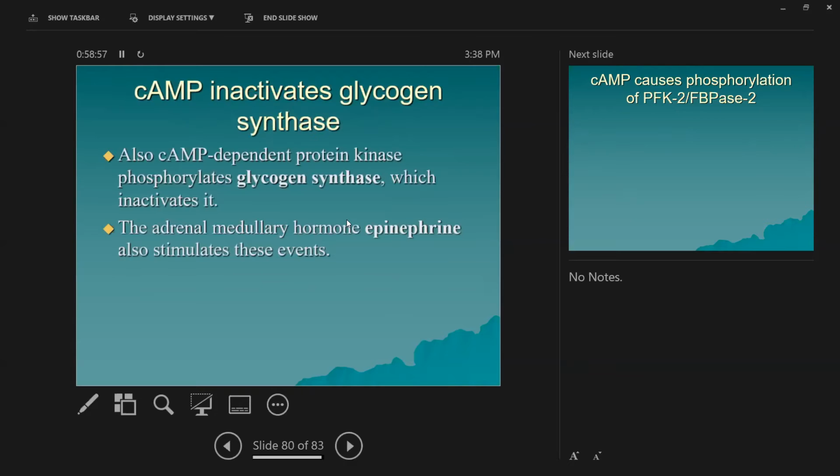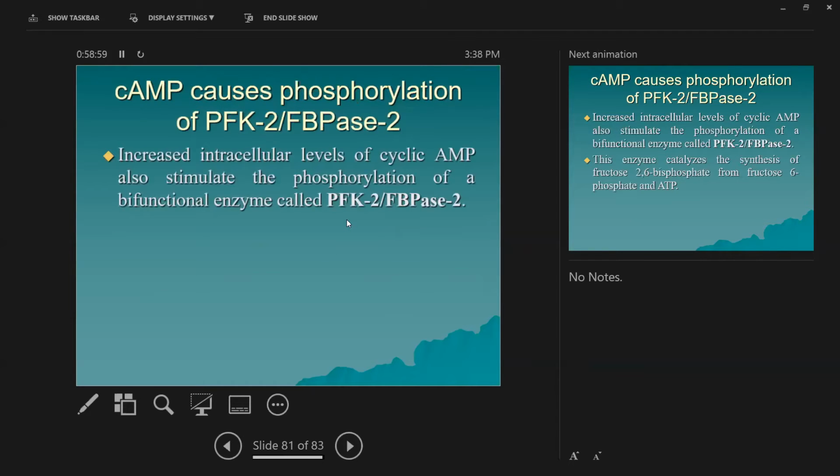And that's made by the adrenal medulla. Now, your cyclic AMP is going to activate cAMP kinase. cAMP kinase will phosphorylate PFK2/FBPase2, the phosphofructokinase 2 fructose 2,6-bisphosphatase. So by phosphorylating that enzyme, you degrade fructose 2,6-bisphosphate. By degrading fructose 2,6-bisphosphate, you activate gluconeogenesis and you inactivate glycolysis.